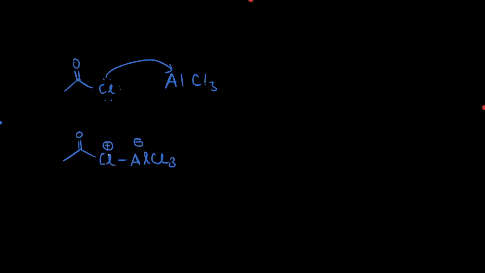And so this results in our chlorine sort of breaking off here, and we end up breaking this bond as we push off with these electrons towards the positive charge that we have on our chlorine. And this is going to then give us our AlCl₄⁻, because this chlorine is now part of this AlCl₃, so now we have AlCl₄⁻, and what we'll also end up having is an ion here, and this is known as the acylium ion. So we're going to simply draw what we had here before, something like this.